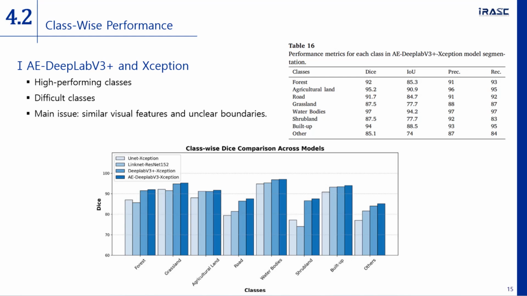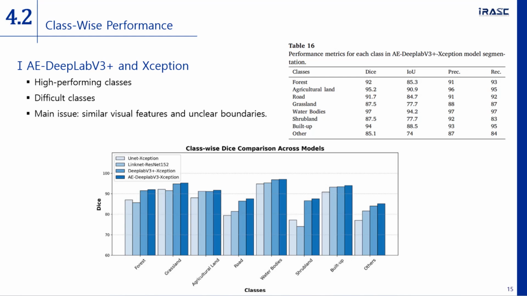This result is understandable. Water bodies always have clear color and boundary features. Agricultural land usually has recognizable texture and spatial patterns. Built-up areas also have relatively clear shapes.